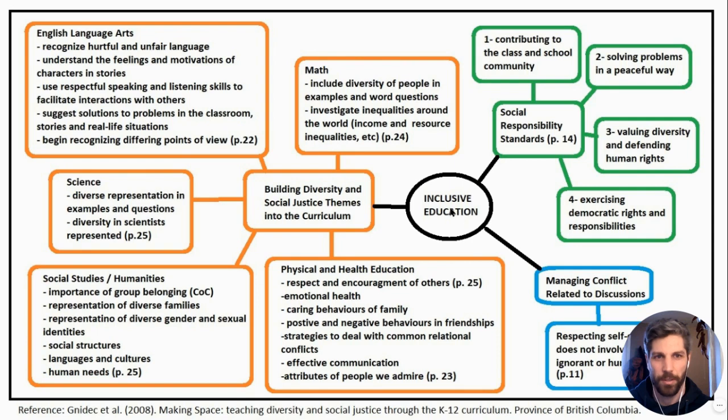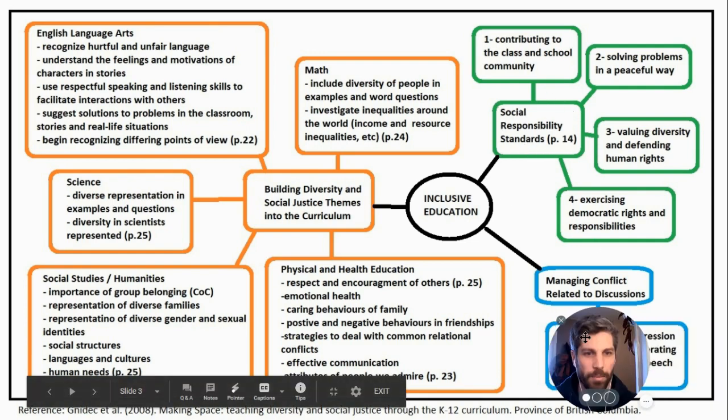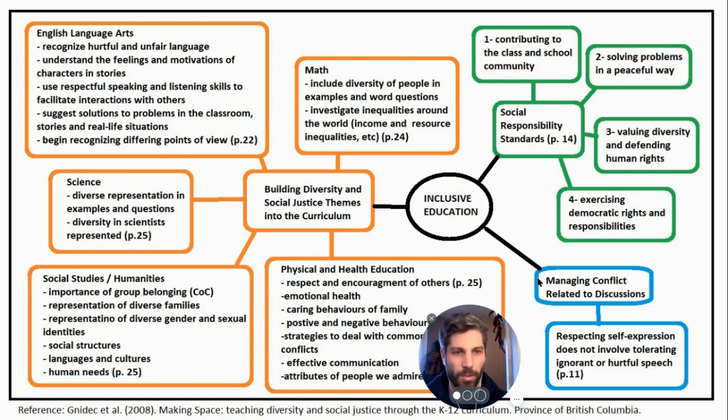So the three different major branches that I connected to this were building diversity and social justice themes into the curriculum. So that's the current curriculum. Social responsibility standards that you can build in your classroom, and managing conflict. So I'll start with the small branch here. So managing conflict related to discussion. So one of the best ways to have discourse or raise ideas is to have class discussions about diversity and inclusive education.